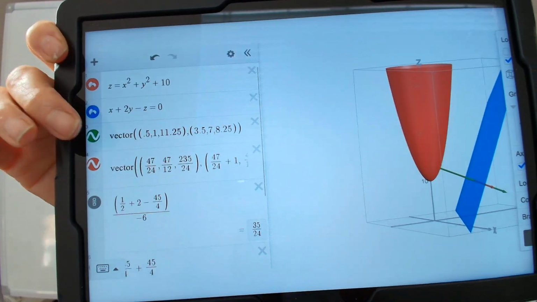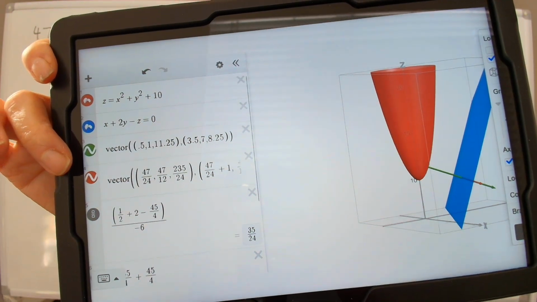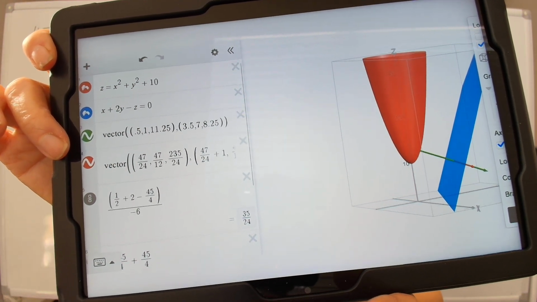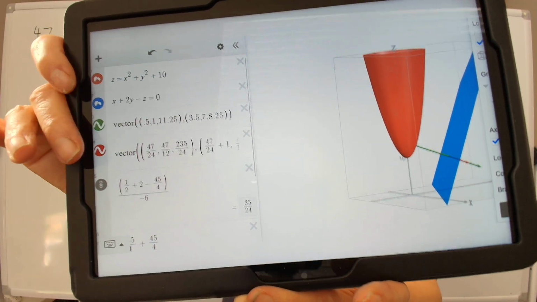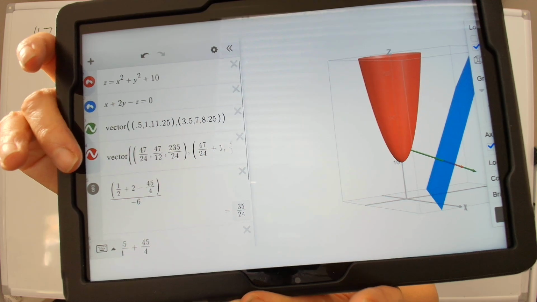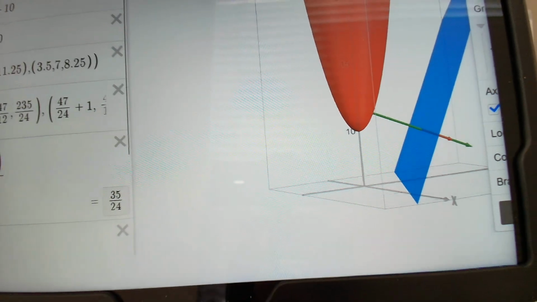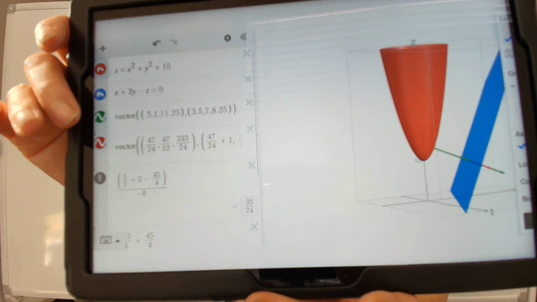That's my surface, and here's my plane in blue. And here's the vector that starts at a point on the surface and ends at a point on the plane. As you notice, it hit the plane at a certain point, and I drew a vector at that point too. I don't know if you can see it clearly enough, but the two vectors coincide, so they are the same.